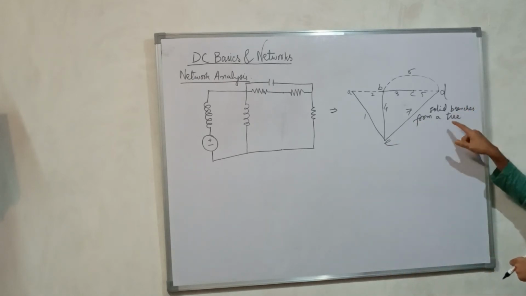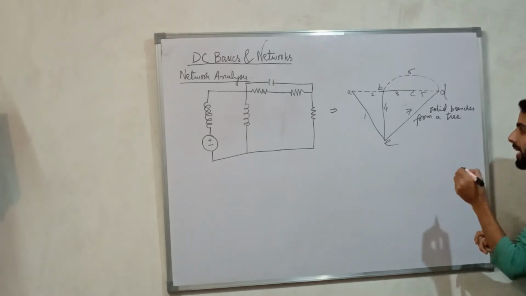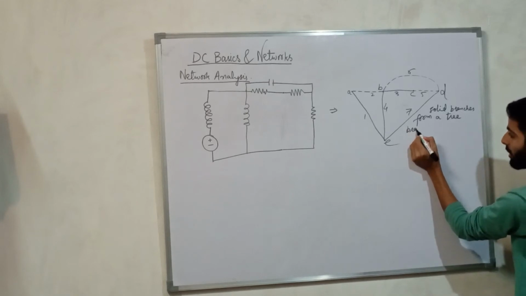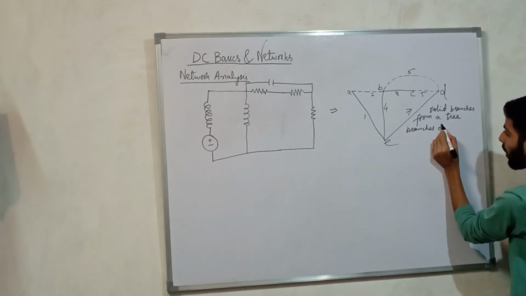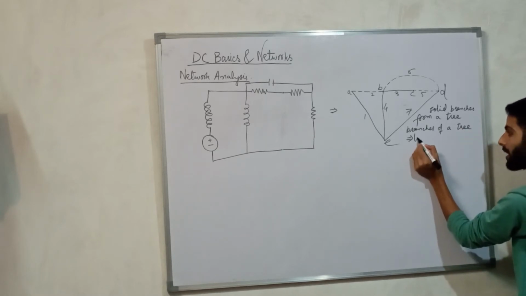Okay, solid branches form a tree, and the branches of a tree are called twigs.